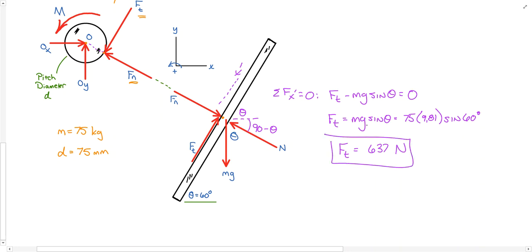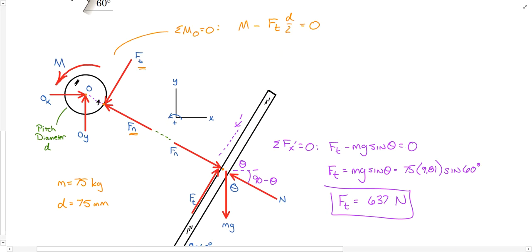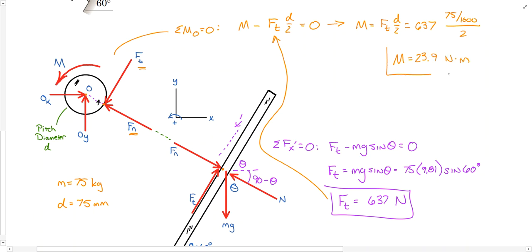Now that we have that, we can substitute it into our previous expression for the moment around O, and we could write that M is Ft d over 2, which is 637 times our diameter of 75 millimeters divided by 2 to get a radius, so that M is 23.9 newton meters.